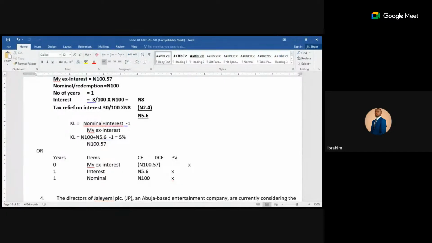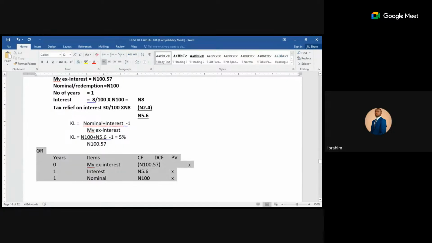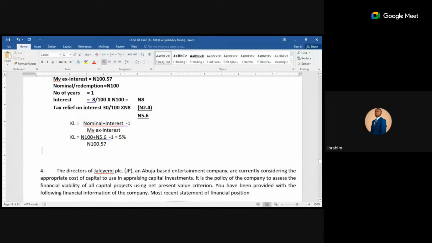So we cannot actually use this because we need to get the cost. Let's just leave this part. But don't forget this formula when the debt is redeemable and it is just for a year. Class, total market value.